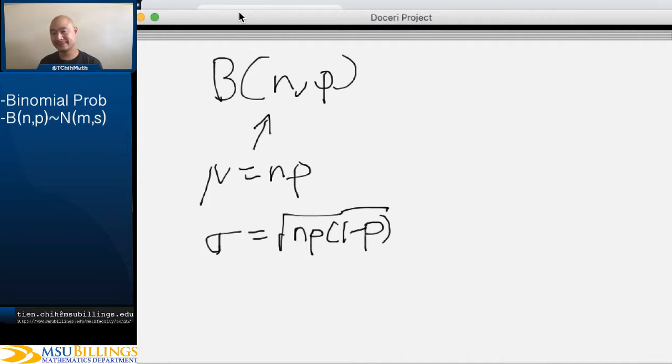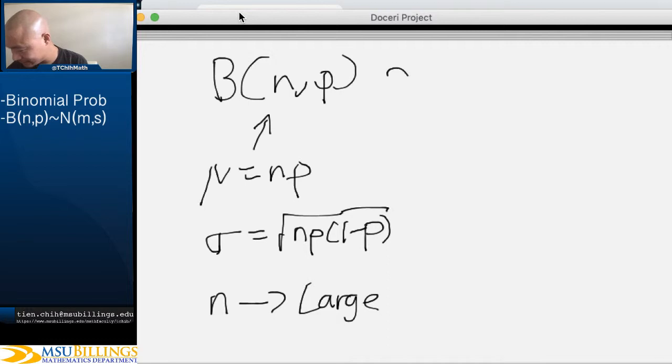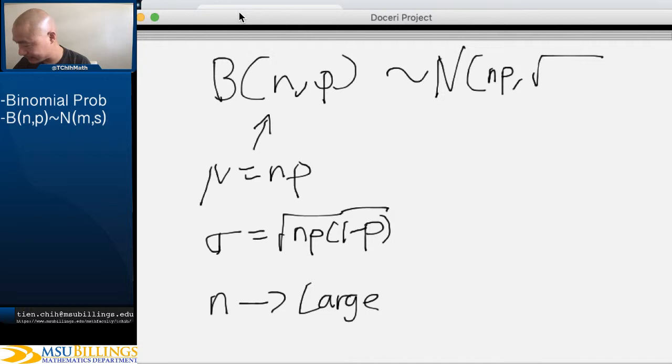Right? What I'm about to demonstrate is that as n gets large, this distribution is approximatable by a normal distribution whose mean is np and whose standard deviation is the standard deviation.